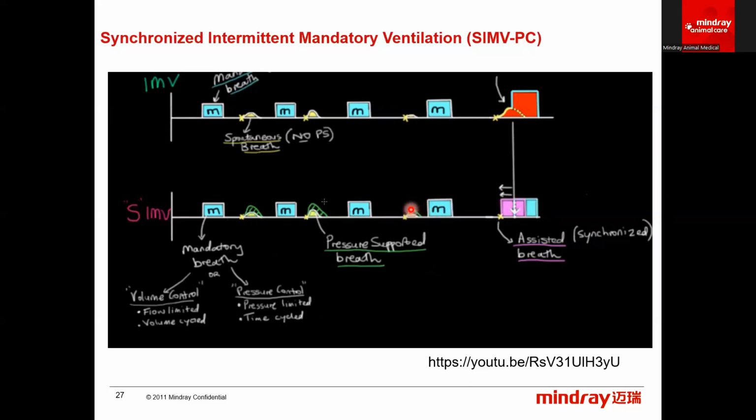I'm not just going to give you this nice little supported breath. I'm going to make sure that it matches the dimensions of those mandatory breaths that we were getting. Once I saw this particular image, that was what really made a lot more sense to me for SIMV.